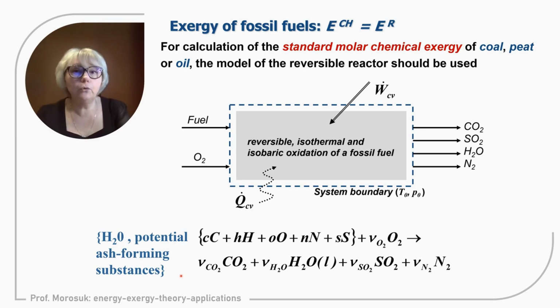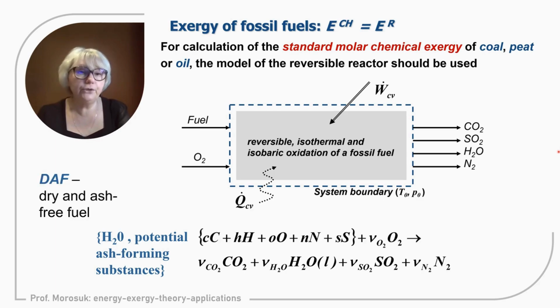Therefore, in order to calculate chemical exergy for such fuels, we need to introduce the concept of dry and ash-free fuel. When we write the chemical balance and also the exergy balance for the reversible reactor, we need to exclude water as part of the fossil fuels, and also substances that will form ash after the combustion process.